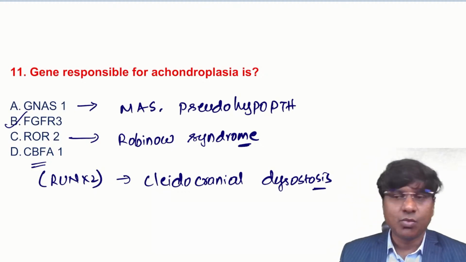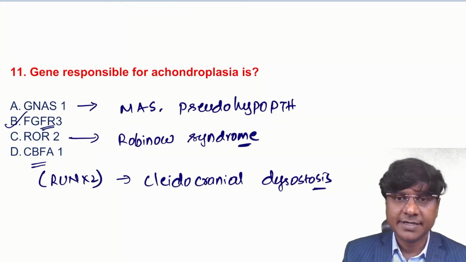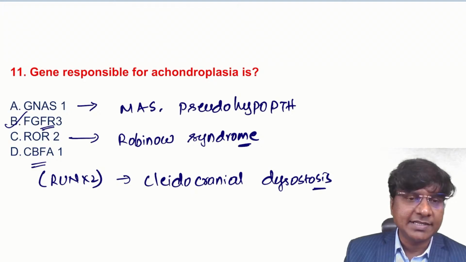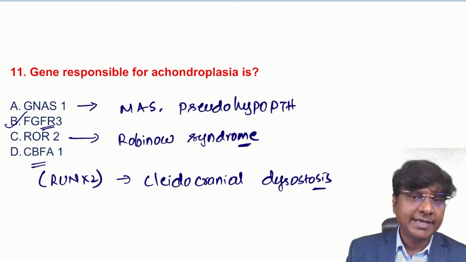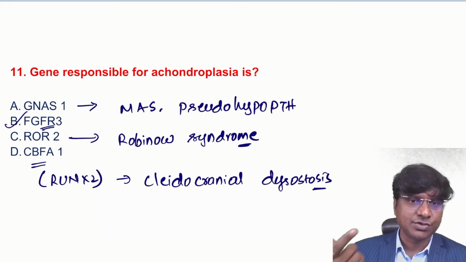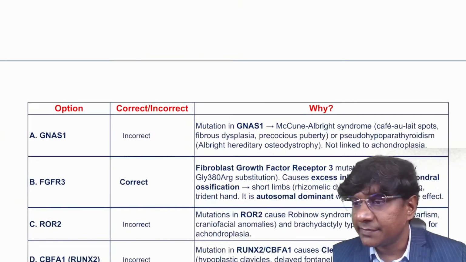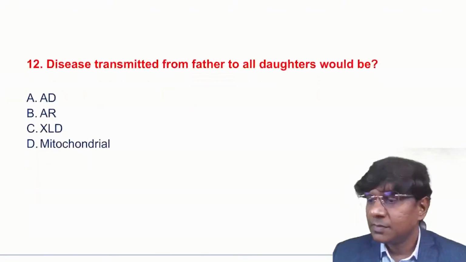So what is being mutated in achondroplasia is FGFR3. Done. Now, what are the other features in achondroplasia? You will have craniosynostosis. Okay. Next. Now you see another question related to genetics.